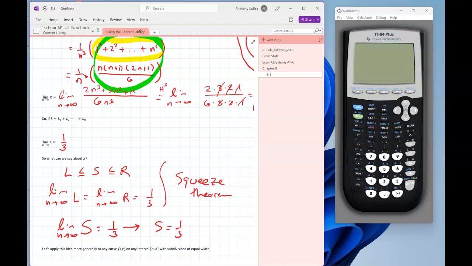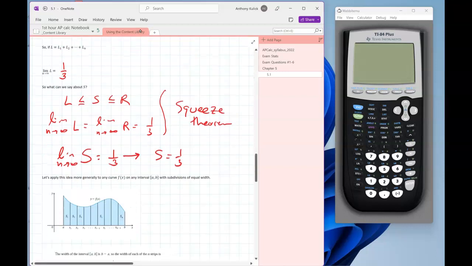In general, it's not true. But what could you do to get a really good approximation? Just break it into like 10,000 rectangles, and it's probably going to be good enough, right? Everybody kind of see what we're saying?